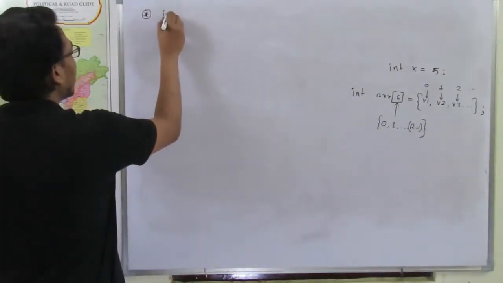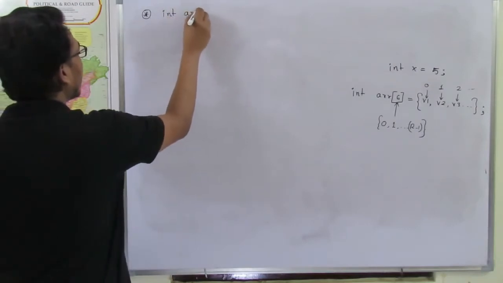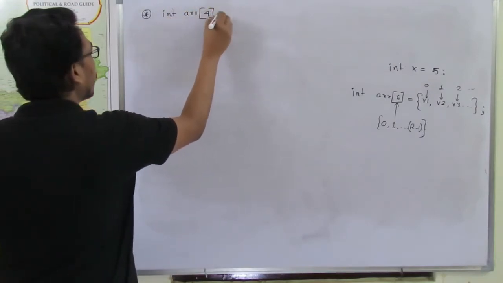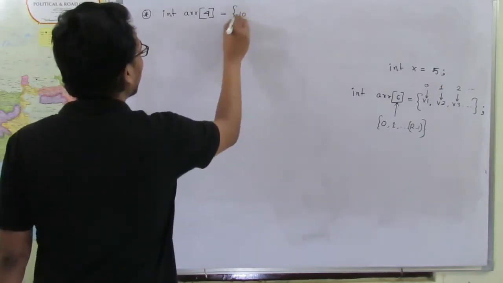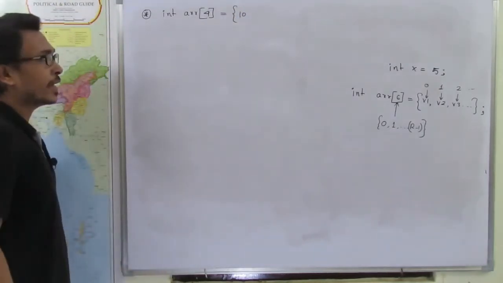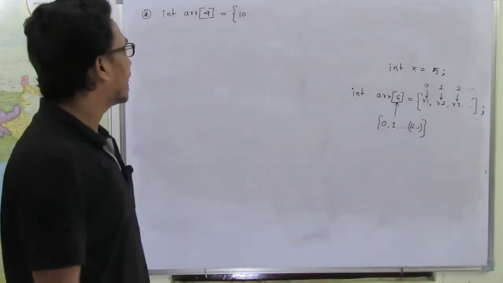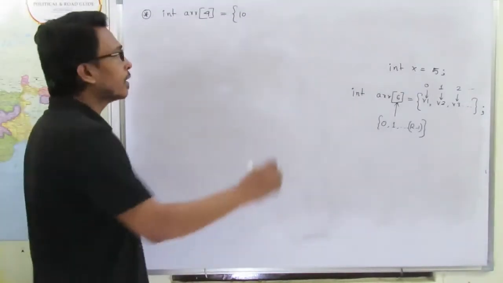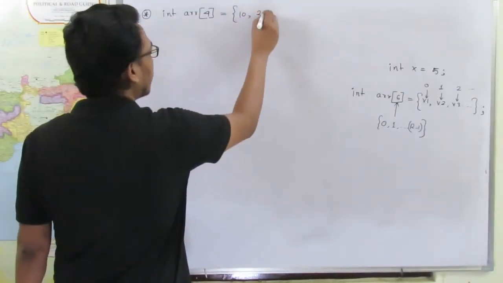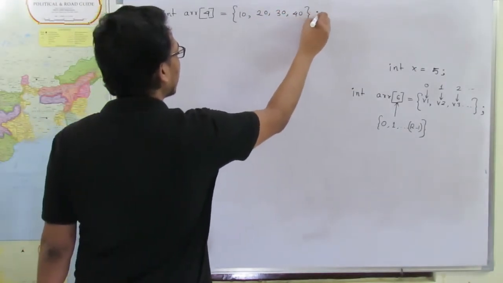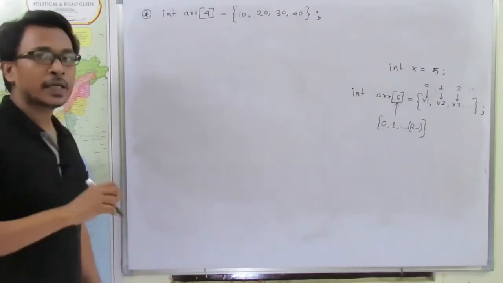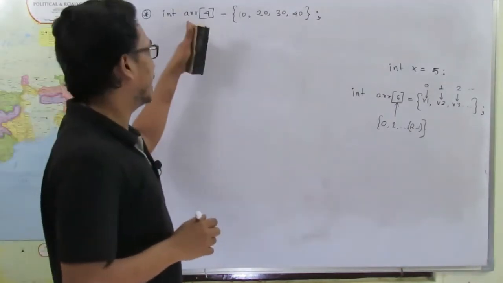Let's say we are declaring integer ARR 4 equal to, and then we are initializing values. So how many values can this particular array hold? This particular array can hold 4 different elements. So 10, 20, 30, 40. These are the 4 elements we specified or initialized in the array ARR.